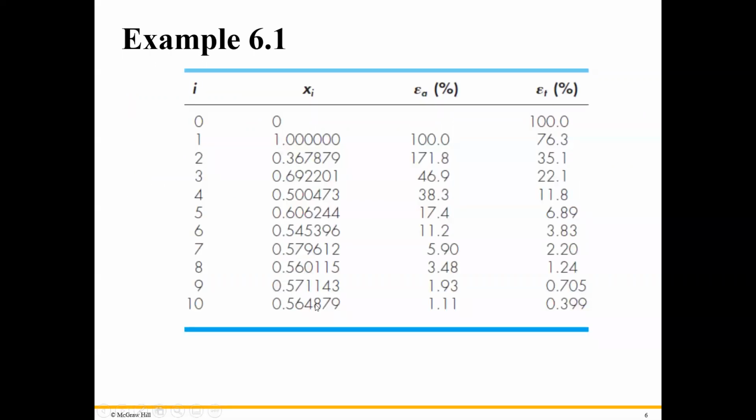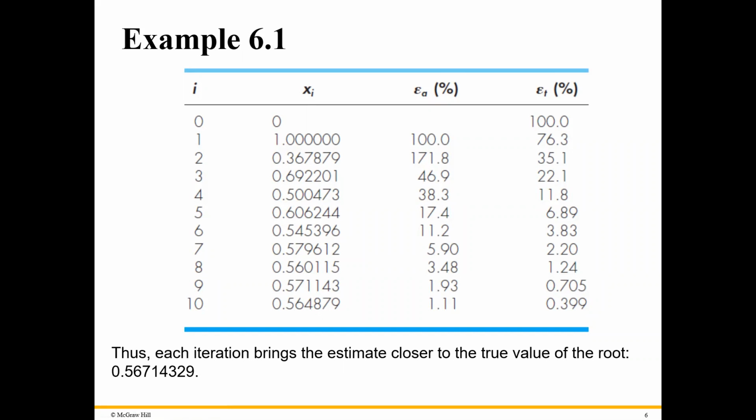So we did this, and then we also found the percentage true error. And we found that the percentage true error is reducing, but that reduction is in a linear manner.